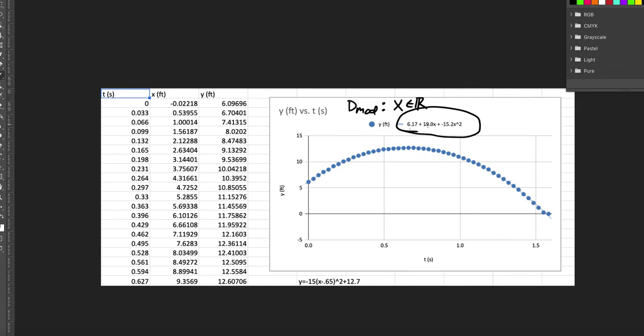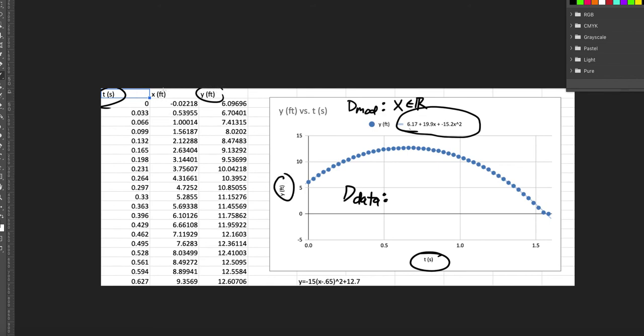Okay? Now, if I ask you for the domain of the data, and let's say I'm only going to ask you the first 10 pieces. For this graph, it's important to remember that our x-axis was the t, and our y-axis was the y.